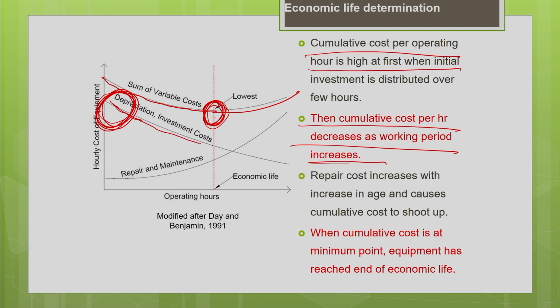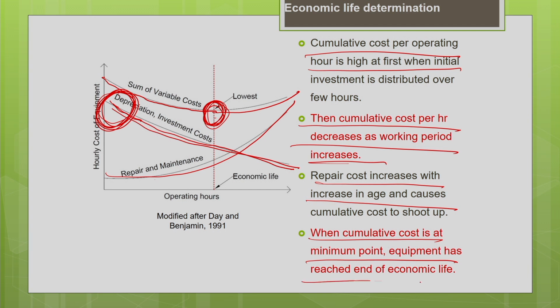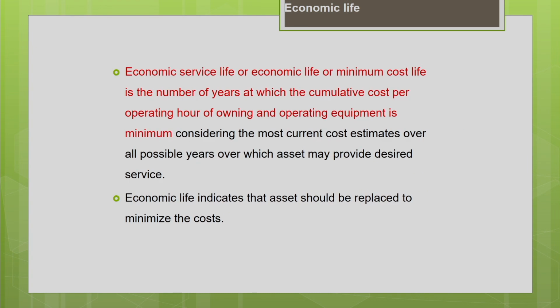The repair cost increases with increasing age. When the cumulative cost is at the minimum point, it means the equipment has reached the end of its economic life. So it has reached the minimum point here. This is your economic life. This is the optimum replacement time for your machine. So, what is economic life?